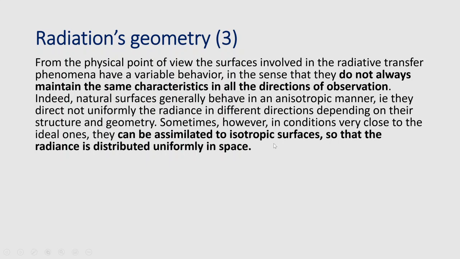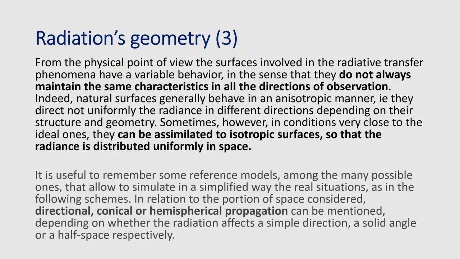What does it mean, isotropic surfaces? That the radiance, being or reflected or emitted, is distributed uniformly in space. So that means that if you are looking at these isotropic surfaces from any point of view, the energy that is going straight to your eye is uniform. Is the same from whatever position you are looking at these surfaces.